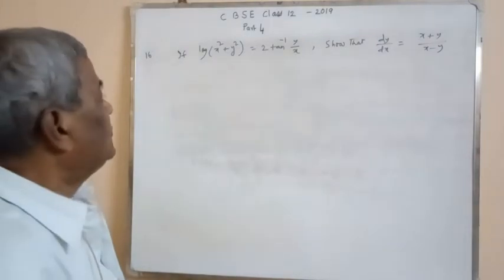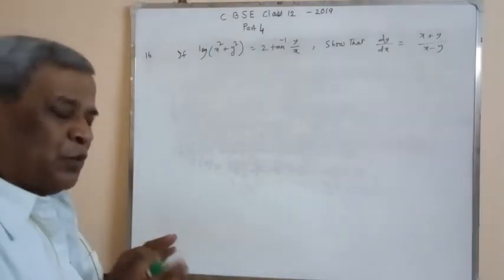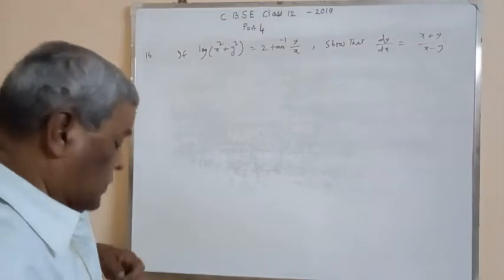and we have to find dy dx. First of all, differentiate both sides with respect to x.